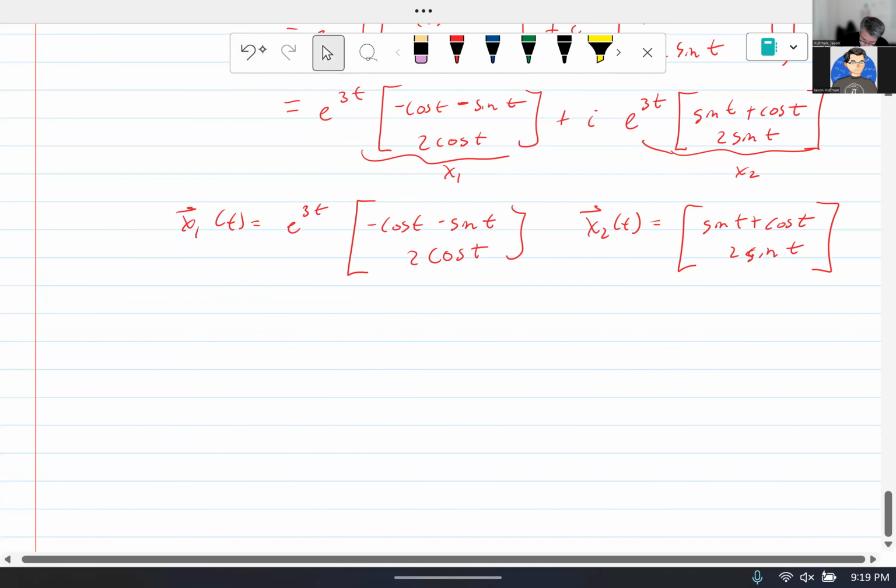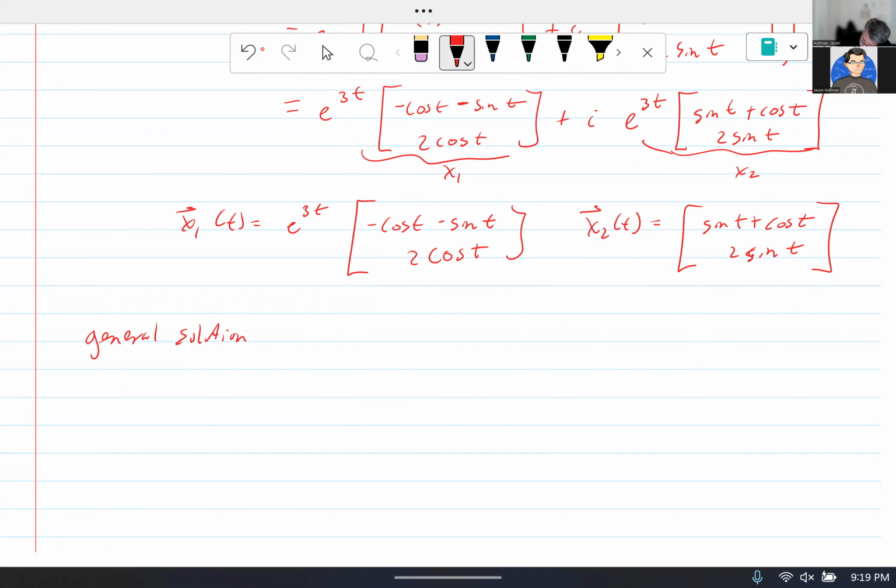And so what's my general solution? Well, my general solution for x of t is equal to c1 times x1 plus c2 times x2.